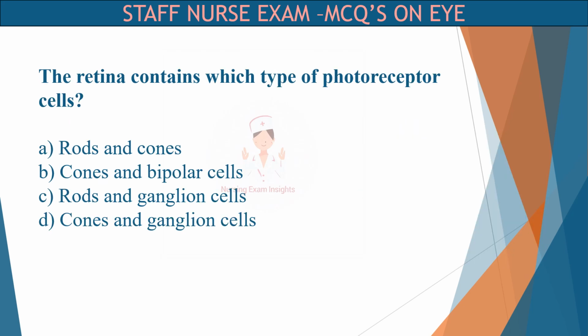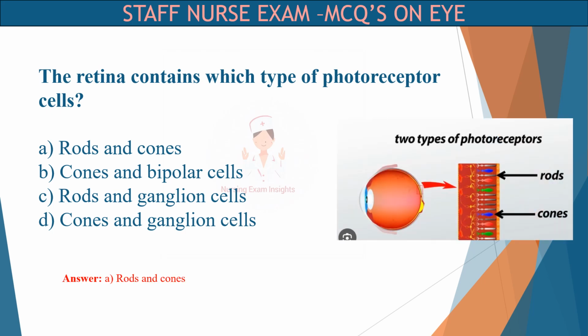The retina contains which type of photoreceptor cells? Options are A. Rods and cones, B. Cones and bipolar cells, C. Rods and ganglion cells, D. Cones and ganglion cells. The answer is A. Rods and cones.